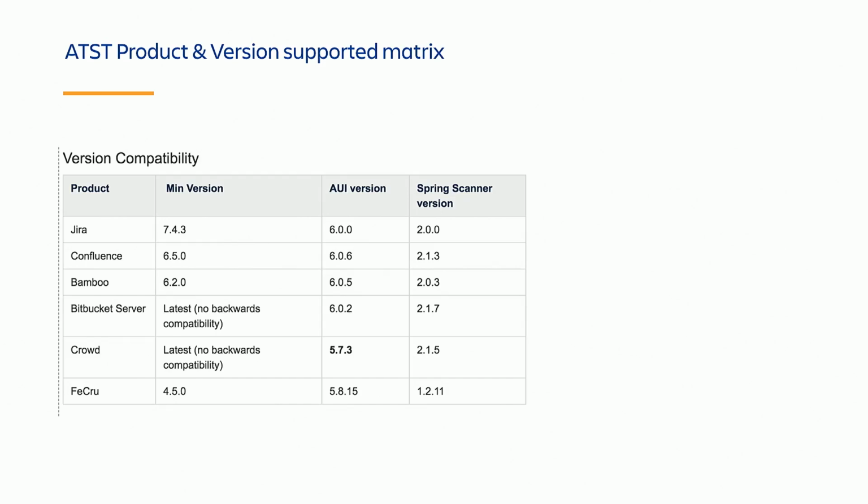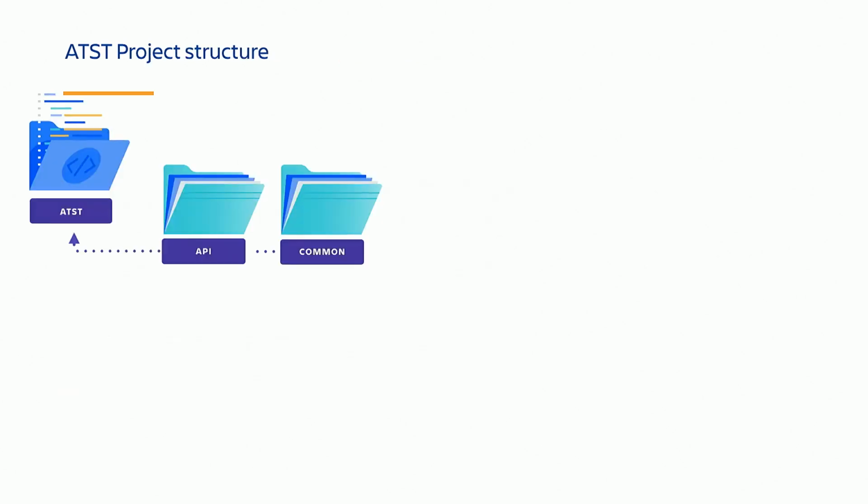Even though we produce separate artifacts for each product, we actually do so from a single project. By keeping everything in one project, we're able to more easily ship common features. If we take a look at the ATST project structure, we'll see that the ATST API and common libraries are actually product agnostic. The shared code goes there.